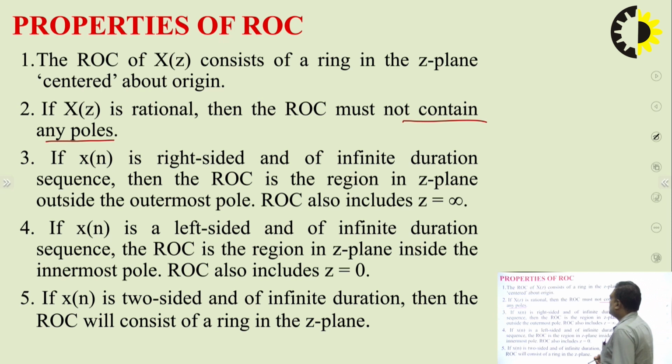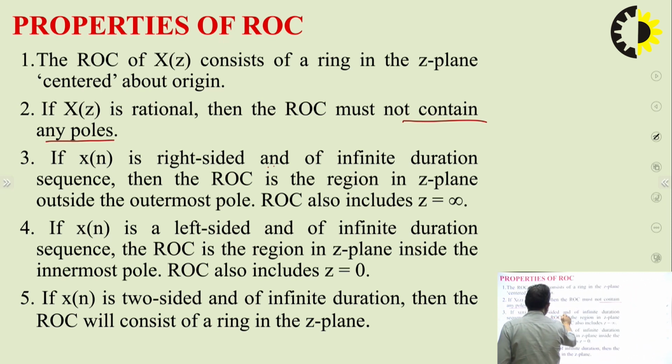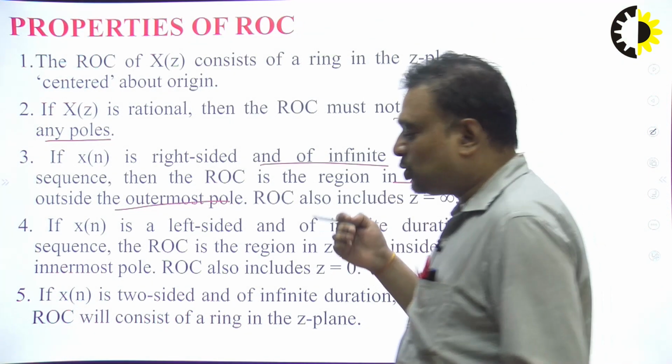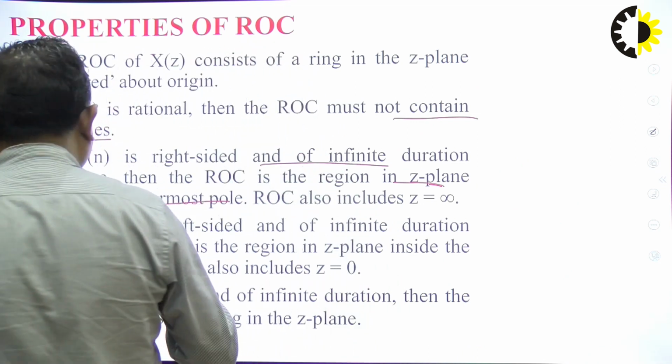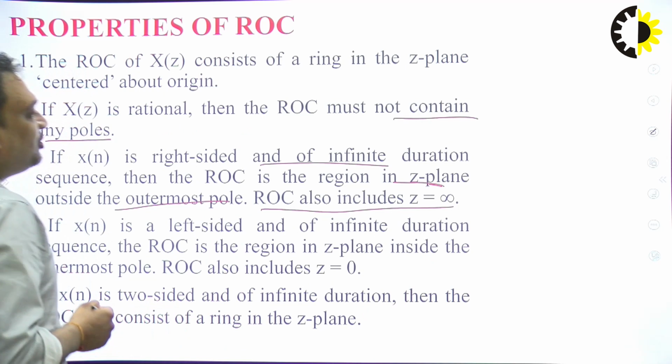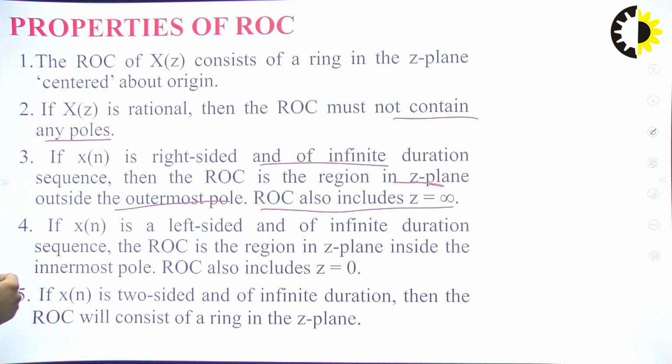If x[n] is right-sided and of infinite duration, then the ROC is the region in the z plane outside the outermost pole. So if more than one pole is there and the signal is right-sided, the ROC will be outside the outermost pole, and in this case, it will include z equals infinity also.